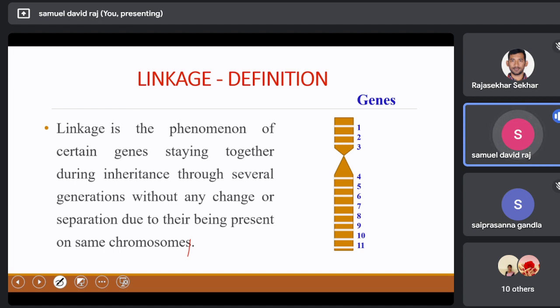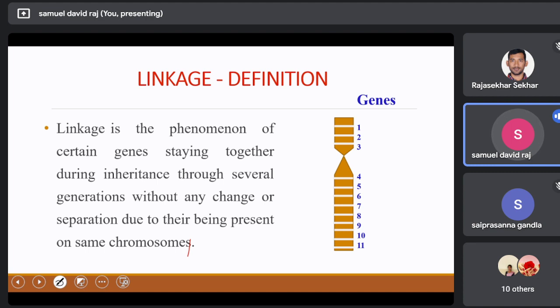In simple terms, we can define linkage as the tendency of genes to remain together during the process of inheritance in the same or original combination as present on the chromosome.